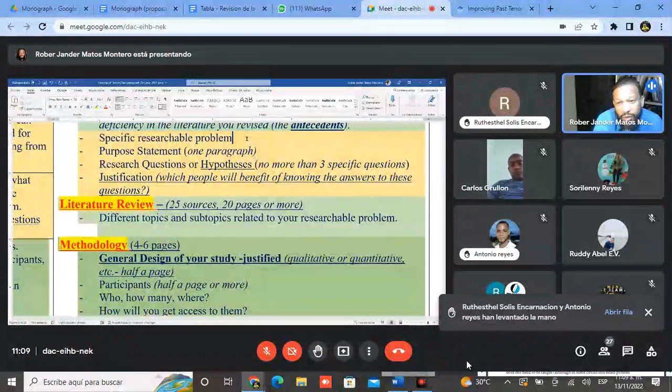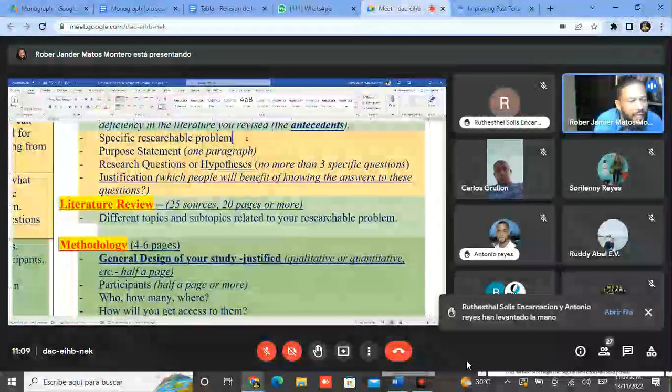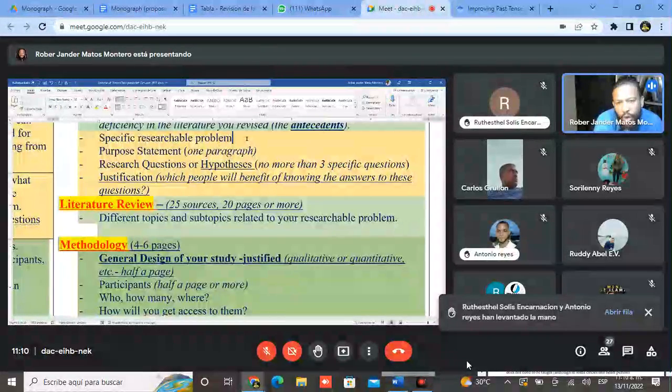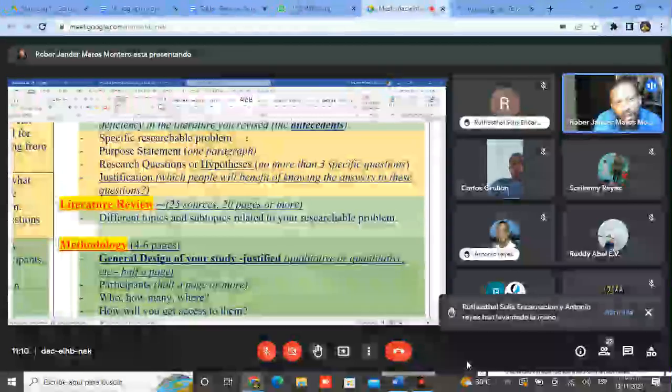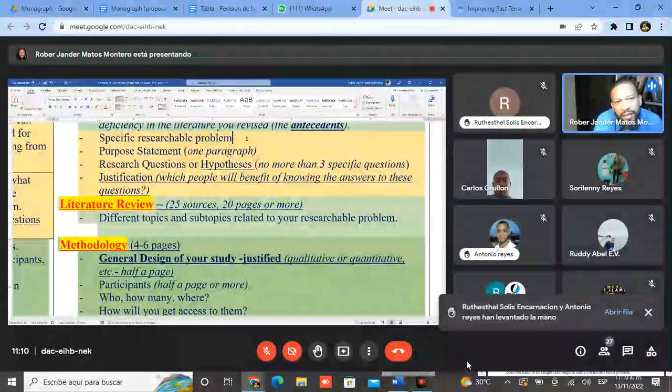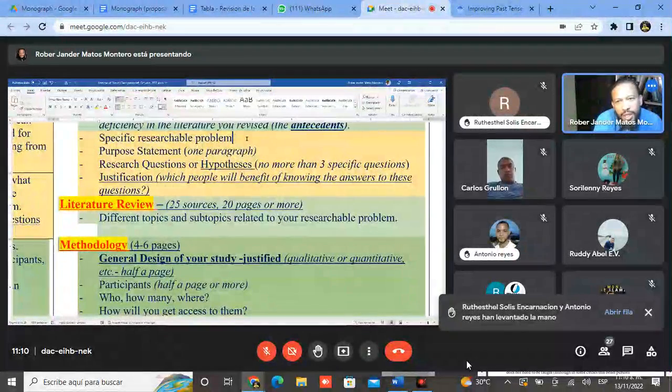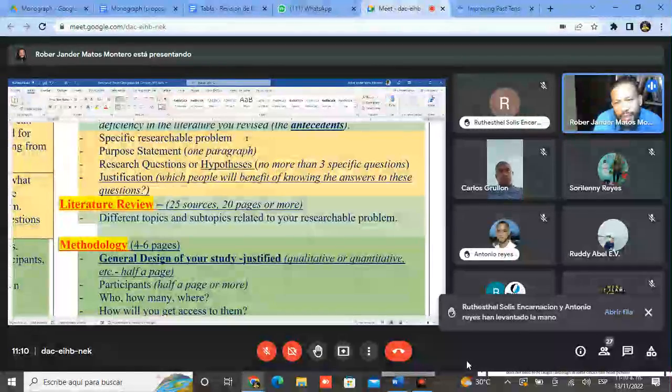Or you can have a structured interview, which is like a questionnaire, but instead of giving them a questionnaire to answer on their own, you are interviewing the person, following the structured interview to answer two types of questions, qualitative and quantitative questions.